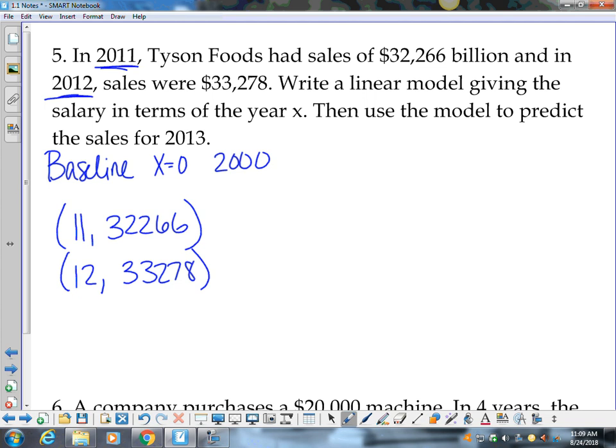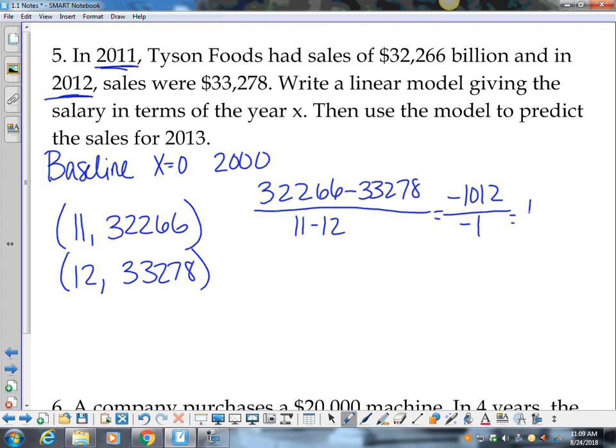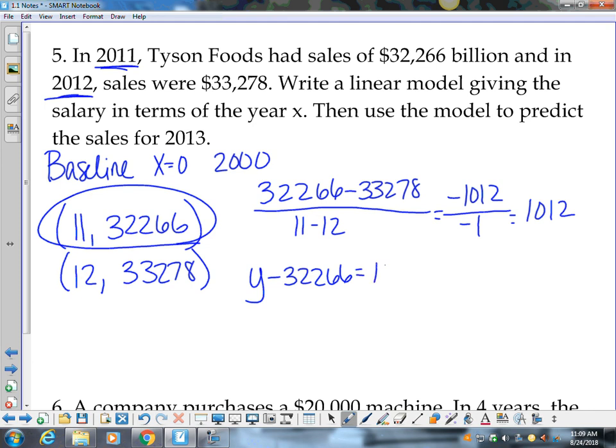Now I'm going to do exactly what I did a couple problems ago. I'm going to find my slope. So y minus y over x minus x gives me -1012 over -1. So positive 1012. I'm going to pick this point. So y minus y equals m times x minus x.